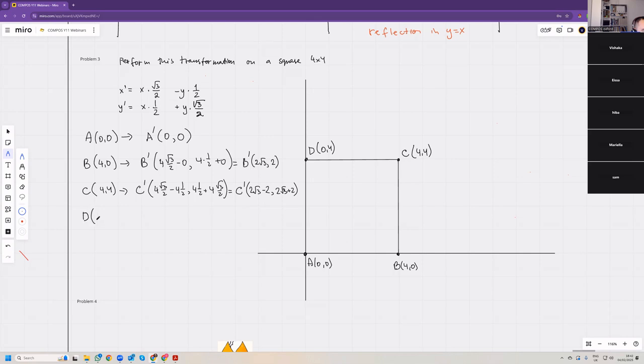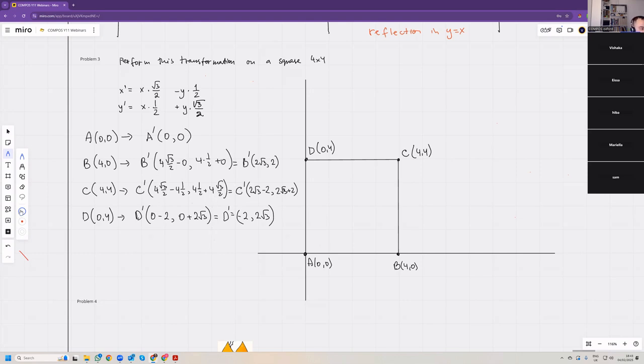And D, which is 0, 4, becomes D dash, which is 0 minus 4 times a half, so minus 2, comma, 0 plus 2 root 3. So D dash is minus 2, comma, 2 root 3.